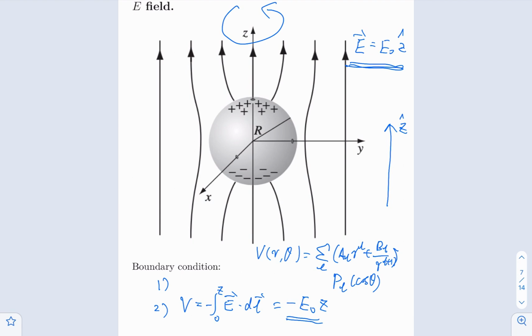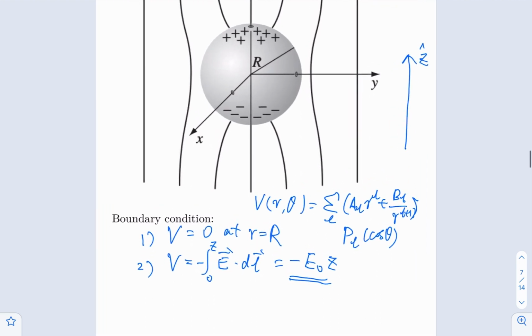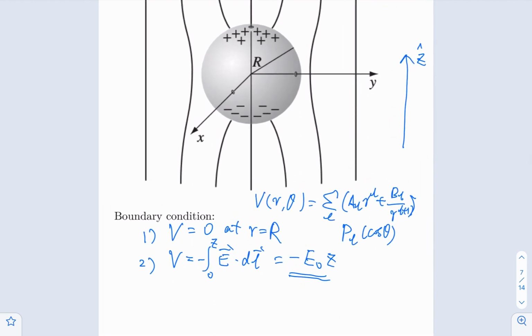The other is actually kind of easy, because we have a metal sphere, right? At r equals capital R, the potential must be 0. So the task is to fit these two boundary conditions.